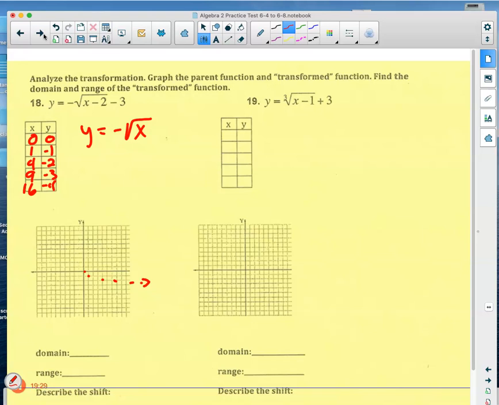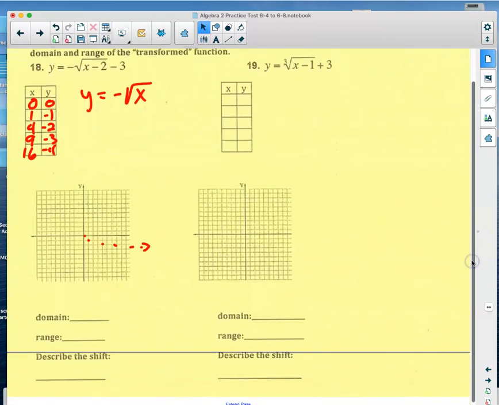All right, so the next thing we would want to know, and I know it's down below here, but it says describe the shift. And we definitely want to do that before we make any more changes to this. So where's it going to go? 2 right.